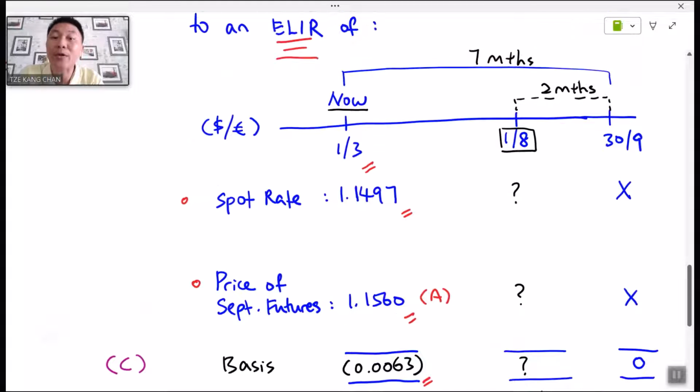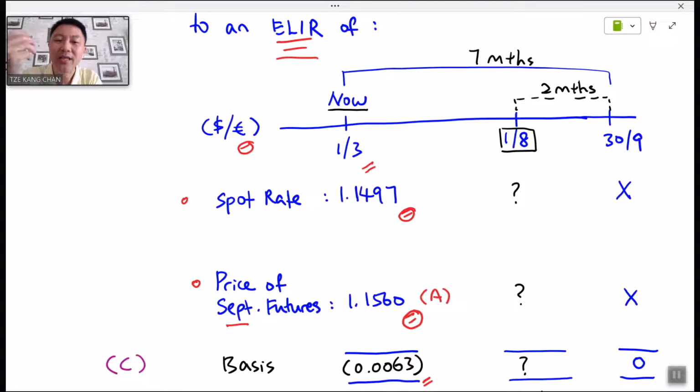It is mainly because the spot rate reflects the perception of the value of each euro at this point in time in the market, whereas the price of the futures contract reflects the perceived value of each euro at the end of September, as perceived at this point in time.